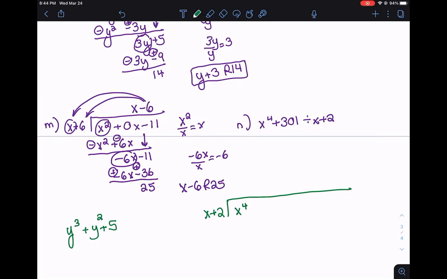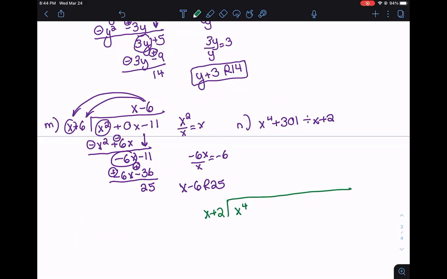So I would put a 0y. You just want to make sure that every exponent is accounted for, starting from whatever the first one is. In this case, it's 4 in our next problem, down to the constant, which is the number by itself. I'll watch you do the other ones. Okay, all right, thank you. You're welcome.